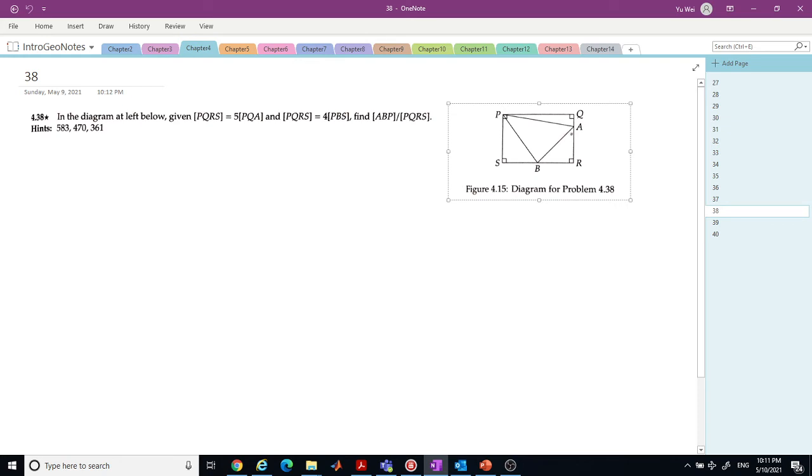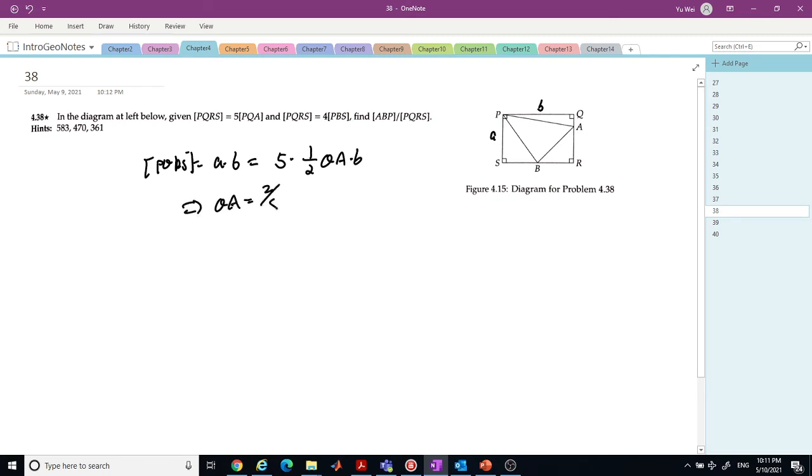We want to find the area of ABP and PQRS. Let this side be A and this side be B. So the area of PQRS is equal to AB over 5, which is 2 times half of QA times B. So now we can solve QA is 2 over 5 of A. So this is 2 over 5 of A, and now this is 3 over 5 of A.